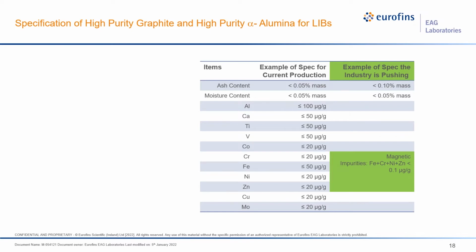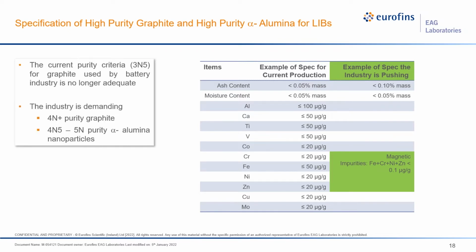For the current production spec, most of them are at tens of microgram levels, but the industry is pushing for control of the magnetic impurities, the four of them totaling less than 0.1 microgram per gram, or 0.1 ppm. This will obviously create a strong demand on the analytical capability of current techniques.